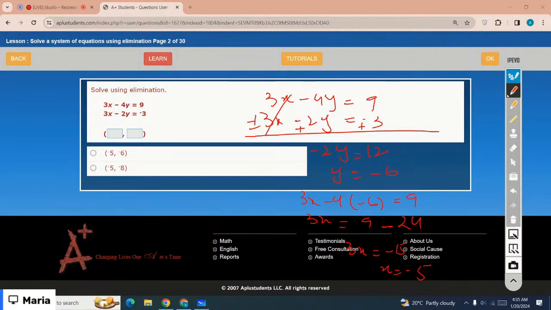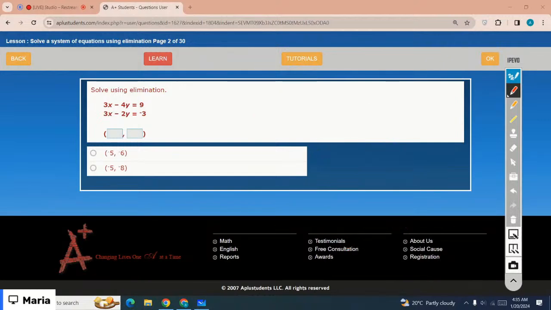Option number 1 is the correct option, right? The solution is negative 5 and negative 6.